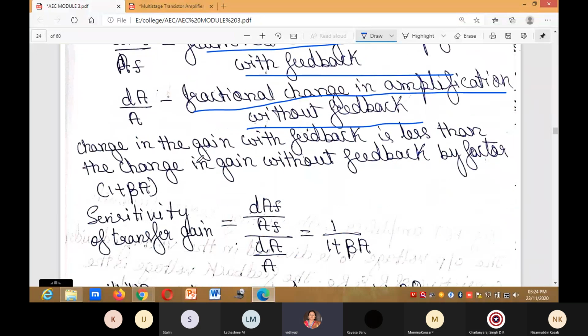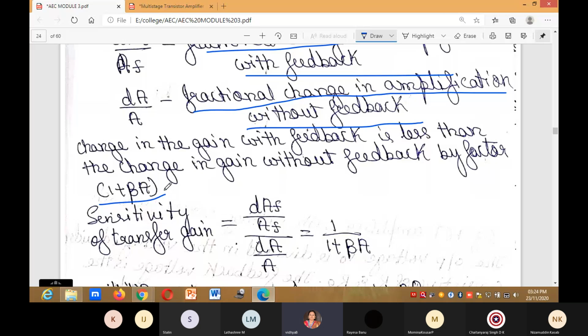The change in the gain with feedback is less than the change in the gain without feedback by a factor 1 plus beta A.